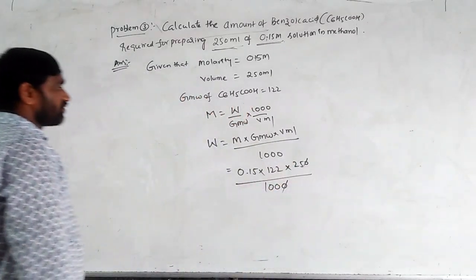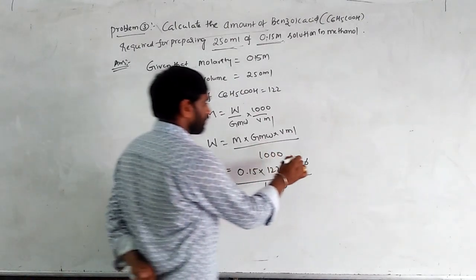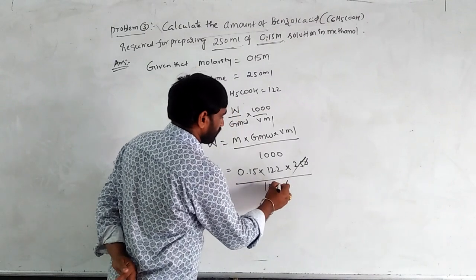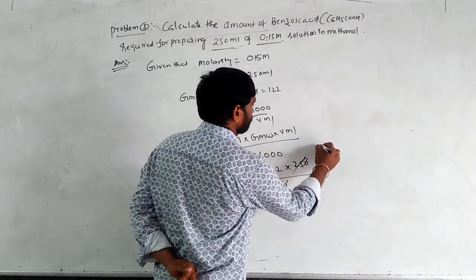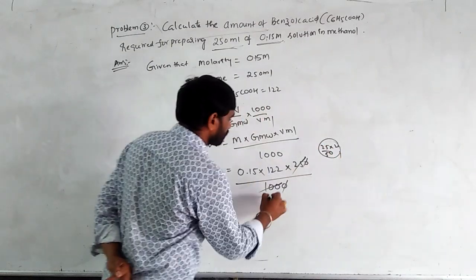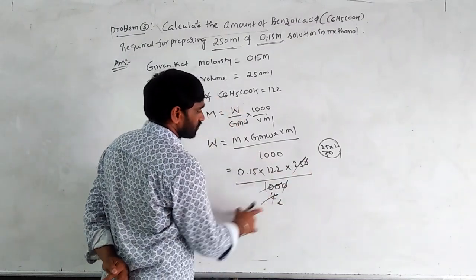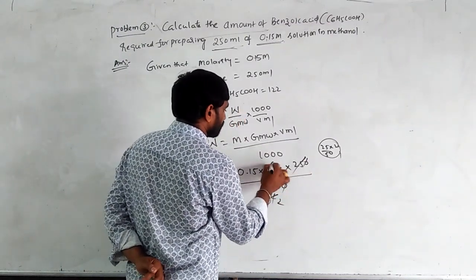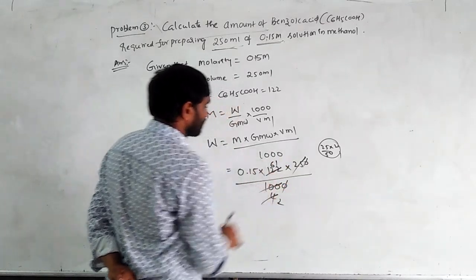So 25 by 100, 25 4s are 100, 2 2s are 4, 2 6s are 12, 2 1s are 2, that gives 61.